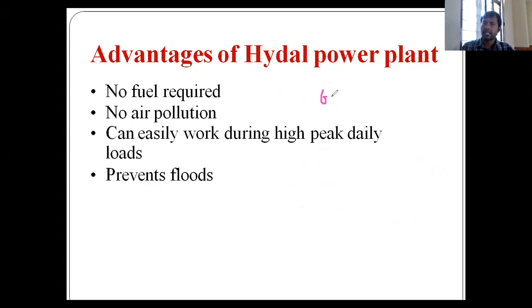Gas power plants or diesel power plants are used as peak load power plants in theaters and cinema halls. If there is a power loss, backup power is used as gas or diesel, and this backup is a peak load or instant load. Such power plants are called peak load power plants. This is all about hydel power plants.